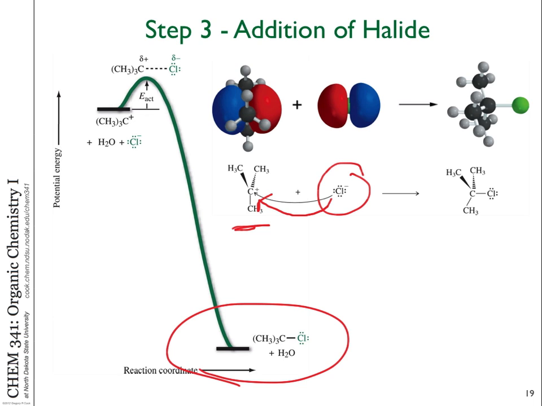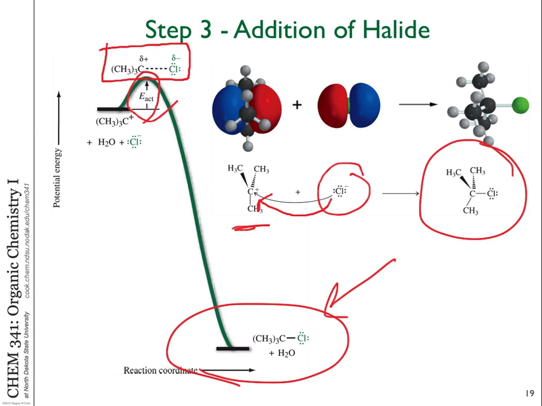A bimolecular reaction in the transition state, it involves both the carbon group and the chloride group coming together. So this activation energy depends on both of them and their concentrations. And that forms now the product, which is down here in energy.